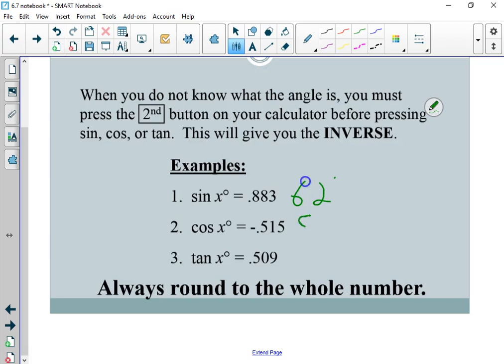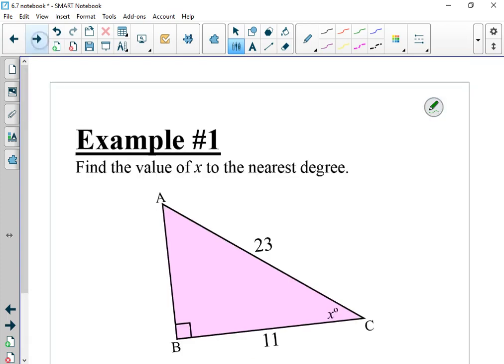And that's 59 degrees. And tangent, I'm going to do inverse tangent, so second tangent, and just put in 0.509. And that's 26.97, which will round to 27 degrees. Okay? Any more questions on how to use your calculator, ask in class, but you just need to practice these over and over. It's muscle memory.